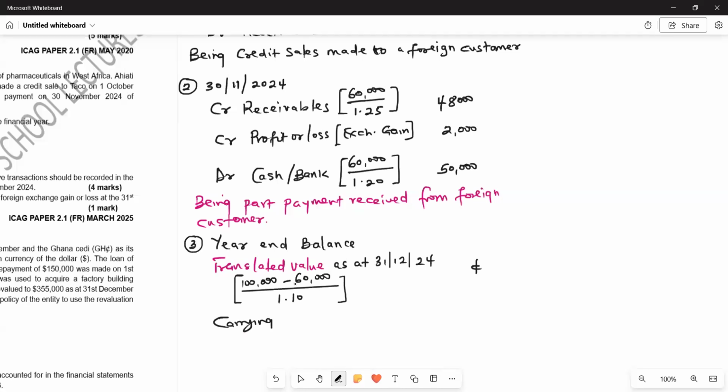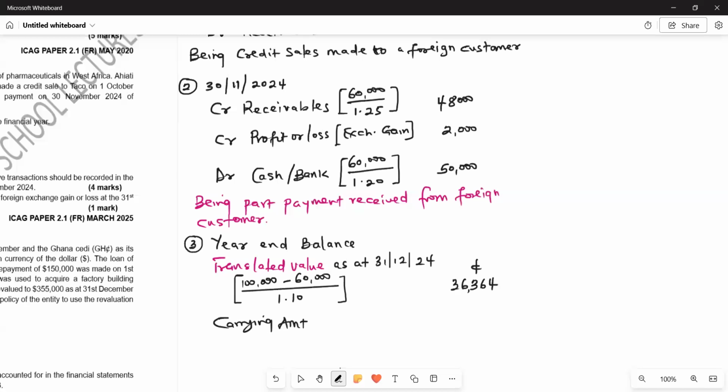36,363.64. Now, the current amount here is how much you would have expected if there was no movement in the rate.